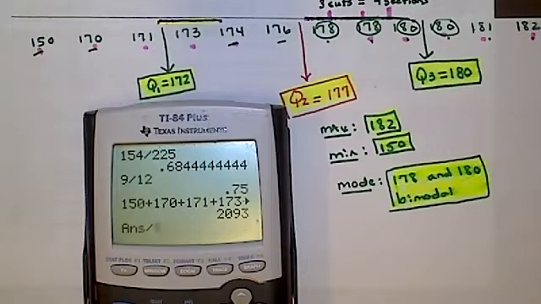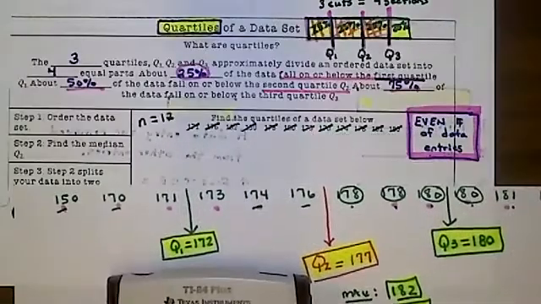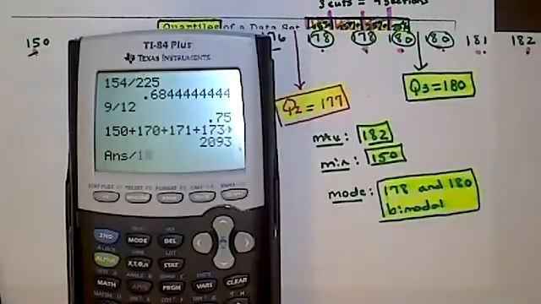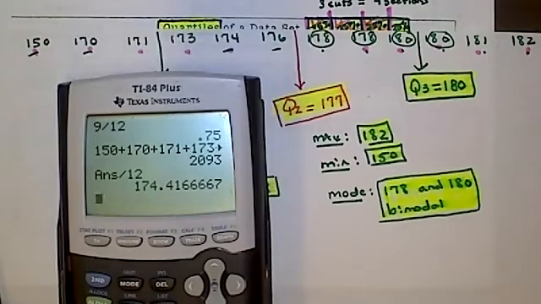And I would divide that by, how many did we say we had? Was it 12? Yes, 12. So it would be around 174.4.